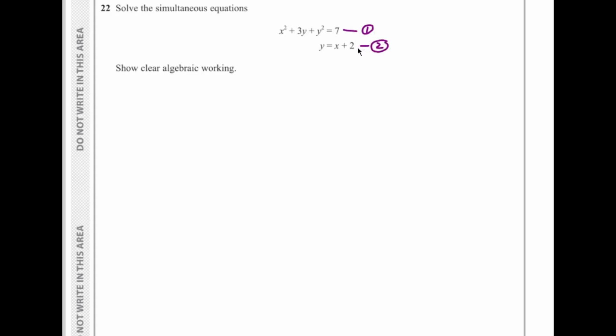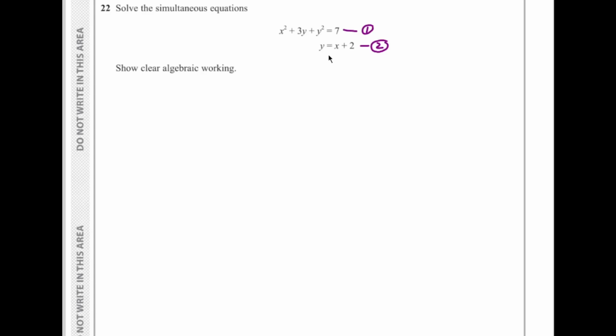After that, go to the linear equation, which is where there are no powers of the letters in the equation. In this case, the linear equation is the second equation. So come to the second equation and make a letter the subject.